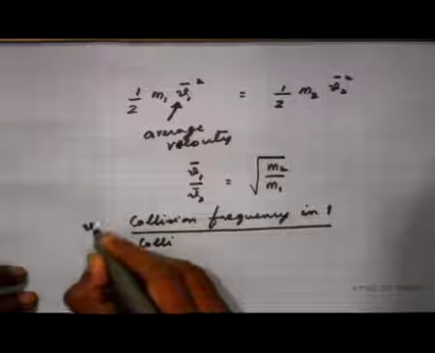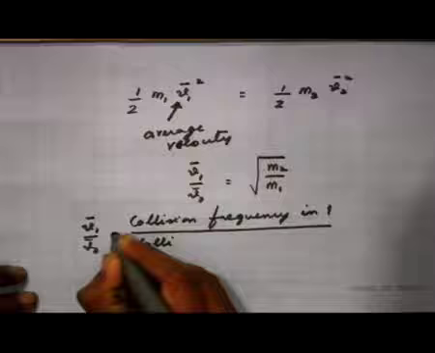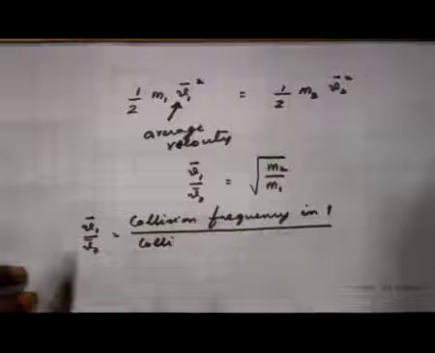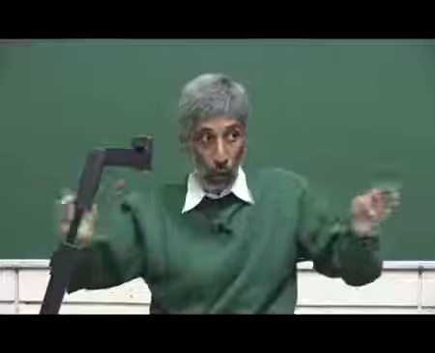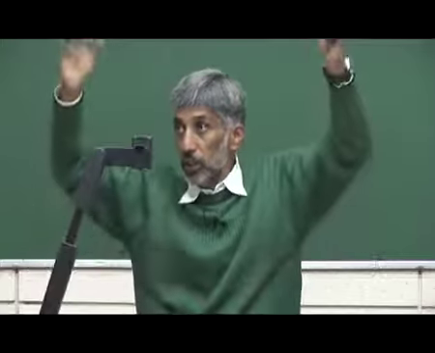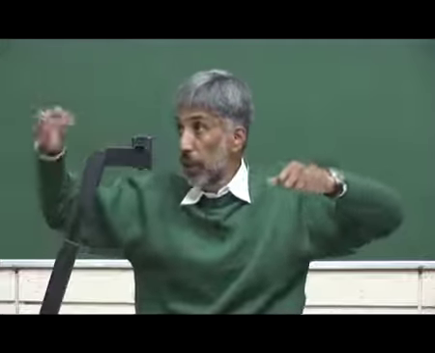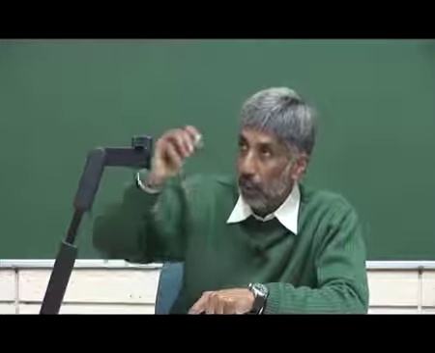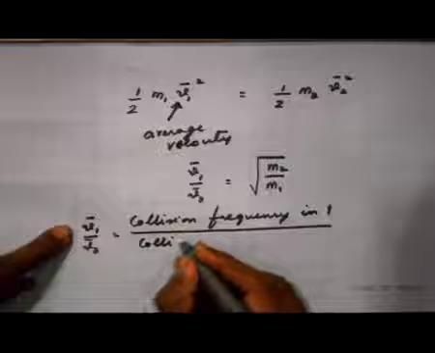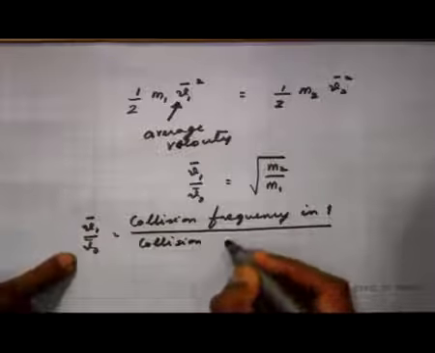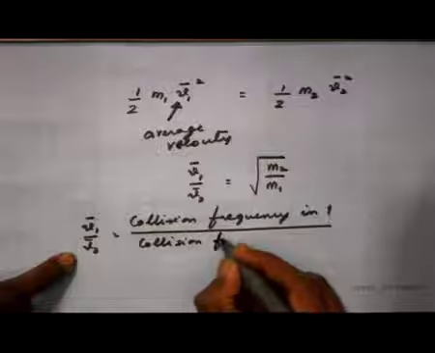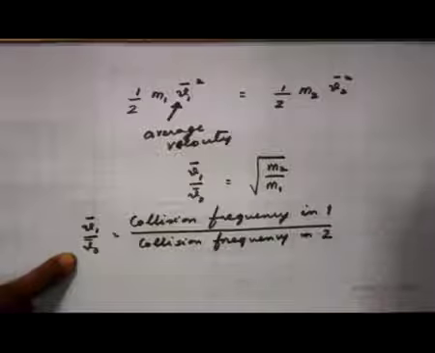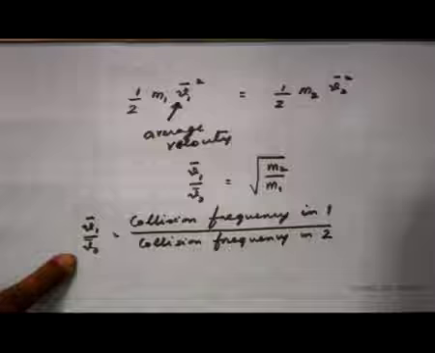So, V1 bar over V2 bar must equal the collision frequency. What we are saying is, if you have a lot of molecules in here and the average velocity is higher, the number of collisions that it has with anything will increase. So, there is a proportionality between the collision frequency and the velocity, and so V1 bar over V2 bar is equal to the collision frequency in sample 1 over the collision frequency in 2.